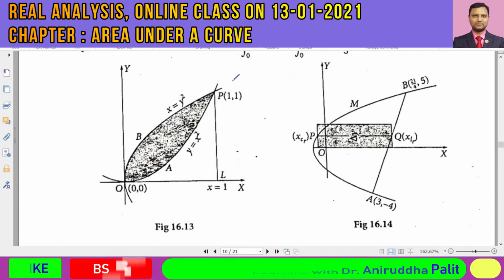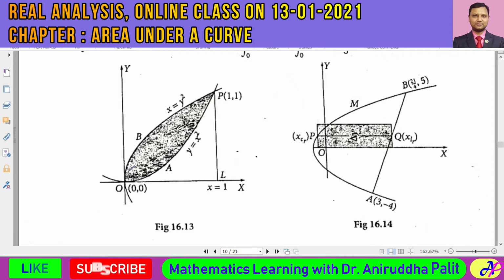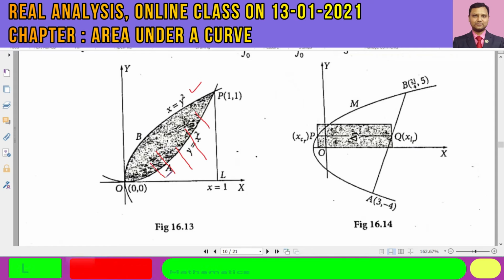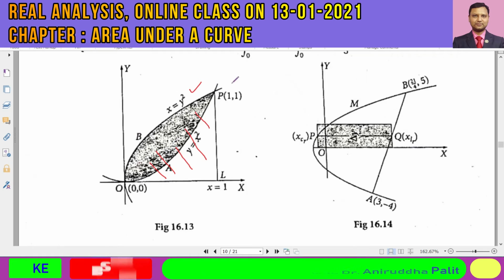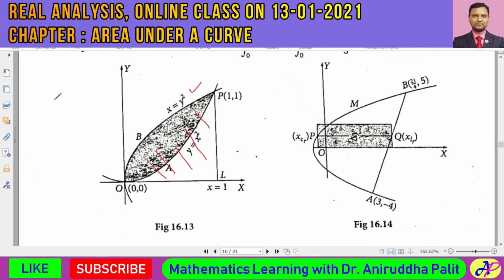Firstly we find the total area under this upper curve. If you integrate, you will be able to find the total area by the integral of y dx.